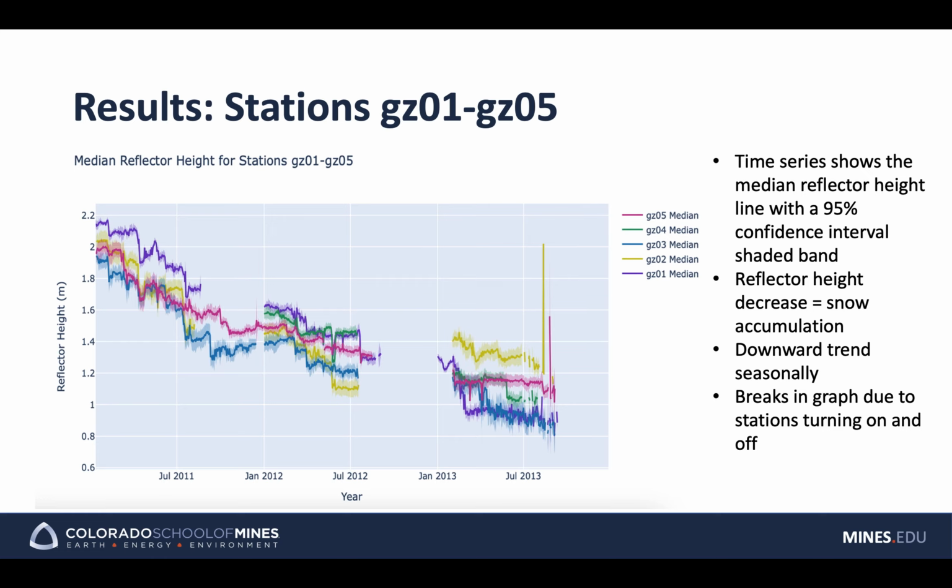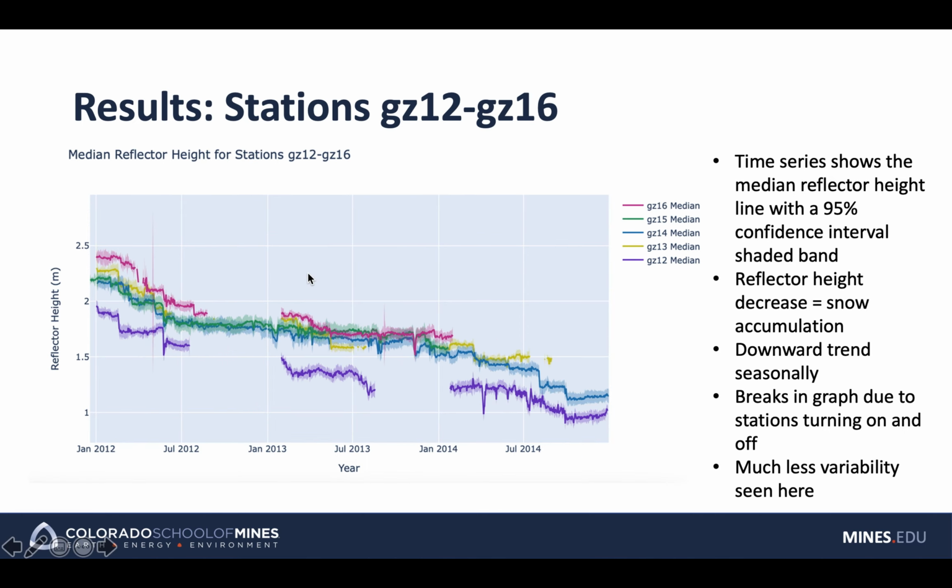Overall, we can see that for the majority of the confidence bands around each of the median station reflector heights, each confidence band isn't very wide. This means that the variability is pretty low for what we are representing here. Thus, this method can be trusted to be measuring reflector height with low variability.